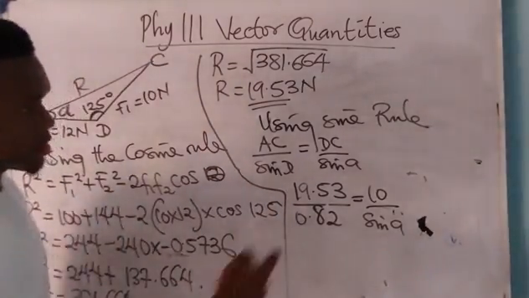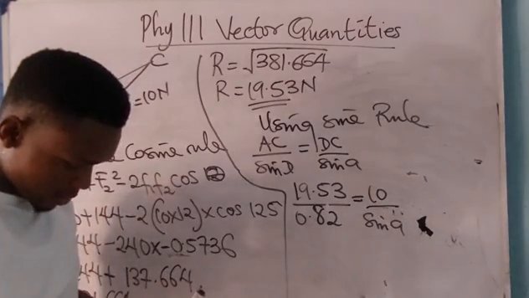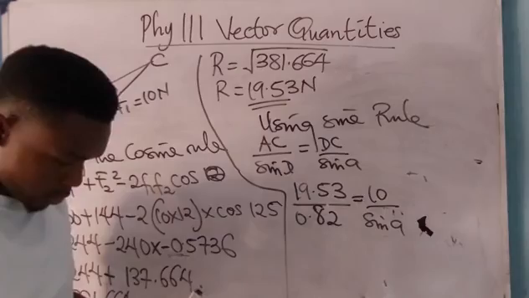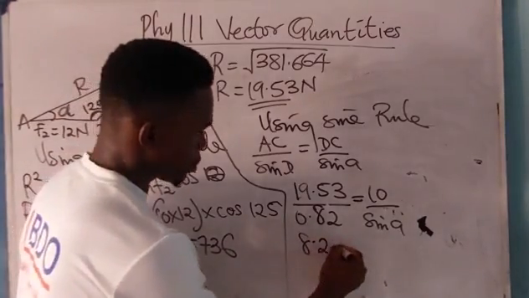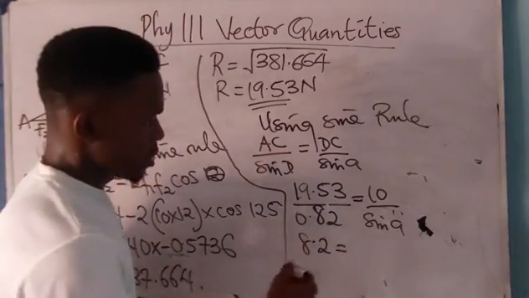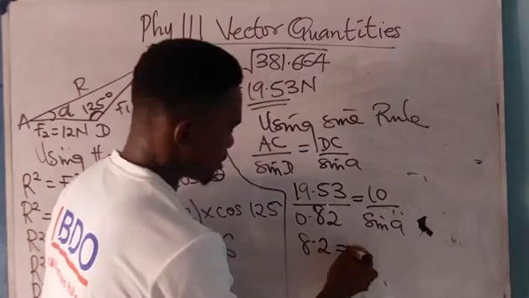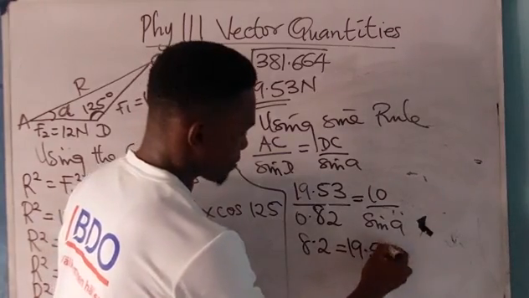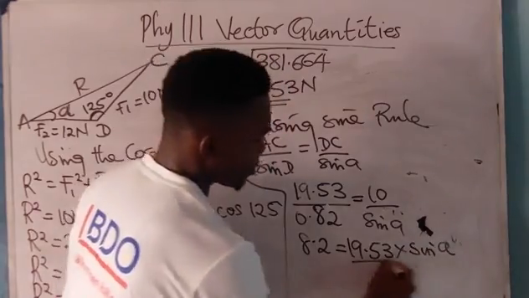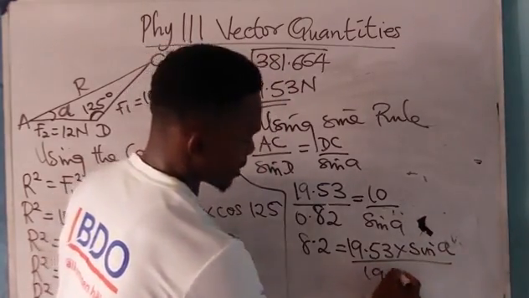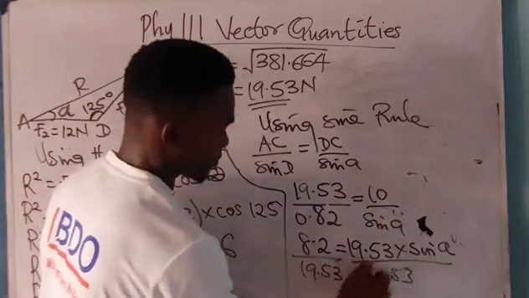So let's do this. 10 times 0.82 equals 8.2. Equals 19.53 times sine A. So divide both sides by 19.53.